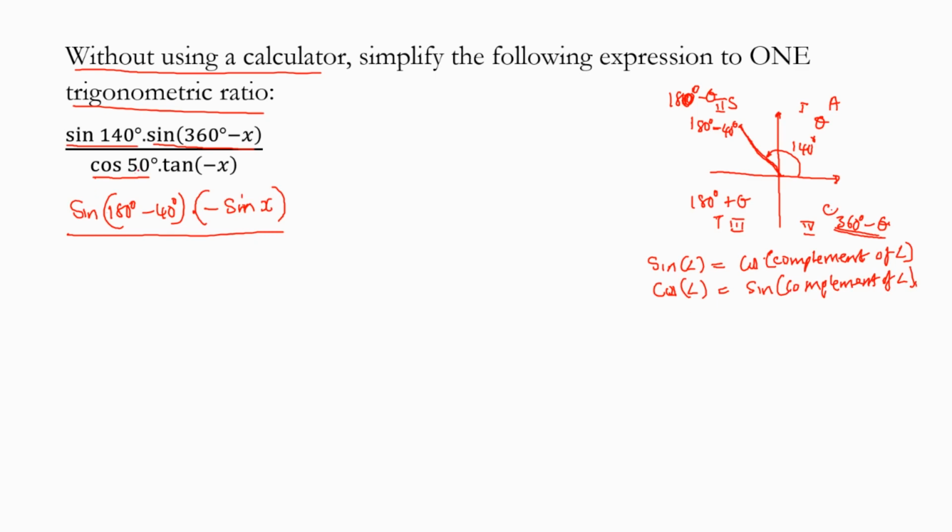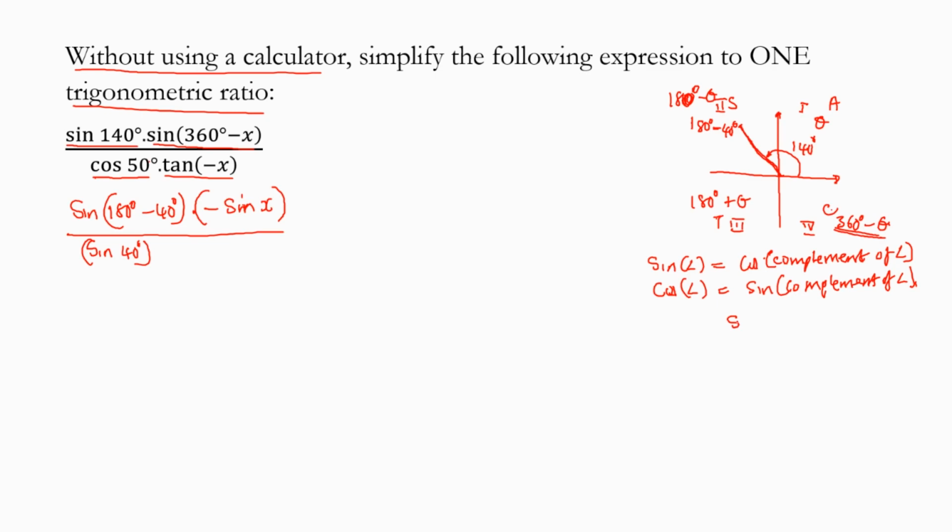So now it means, what is the complementary angle which complements 50 degrees? It will be 40 degrees. 50 degrees plus 40 degrees is what? Is 90 degrees, okay? So it's going to be sine complement of 50, so it's going to be sine 40 degrees. And then we come to this one. What is this one? These are negative angles, remember?